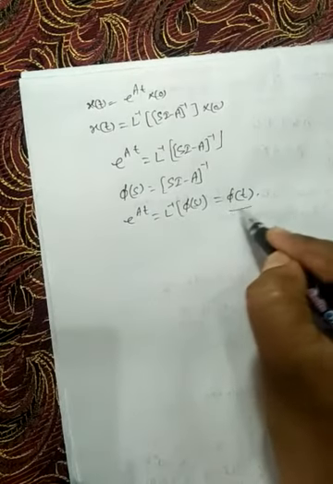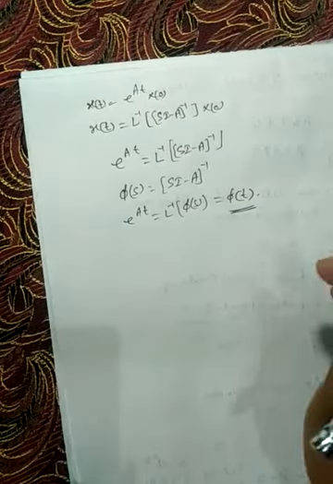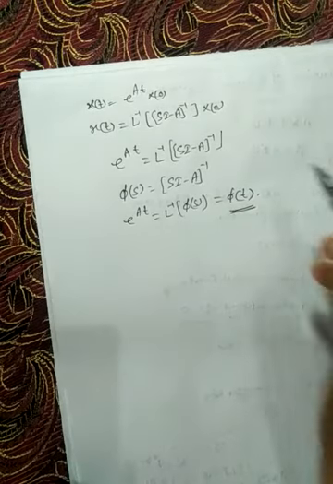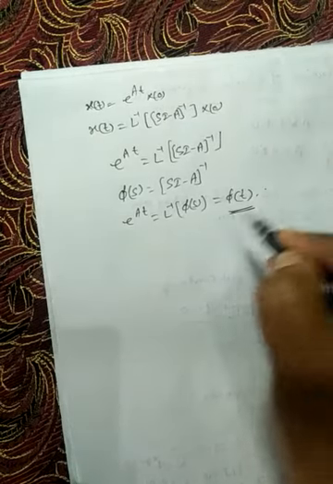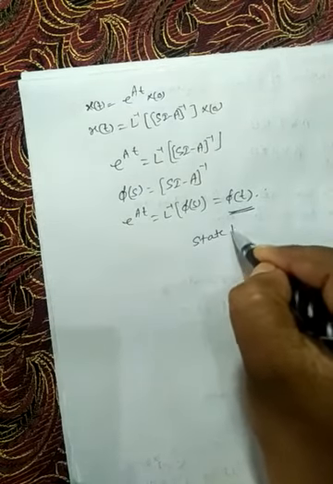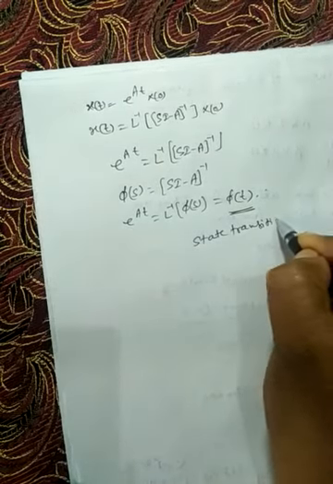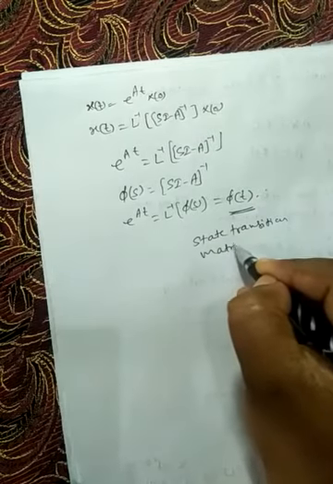And this phi(t) is called the state transition matrix. Clear?